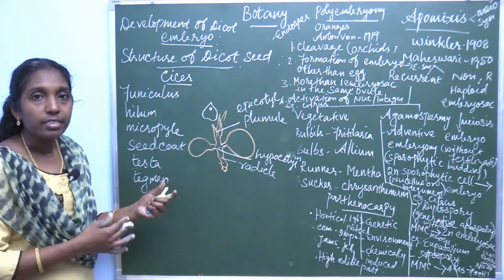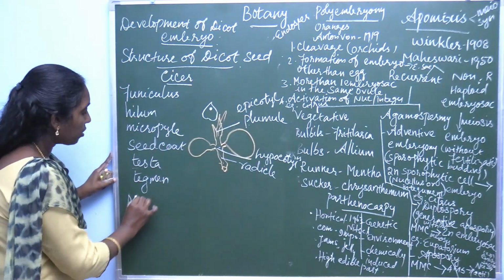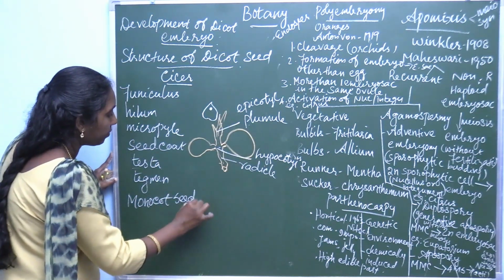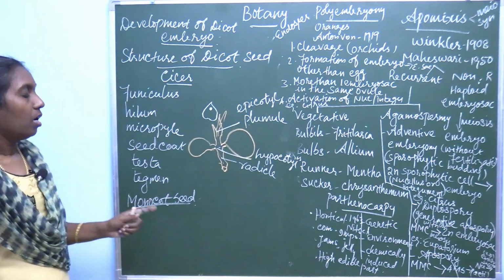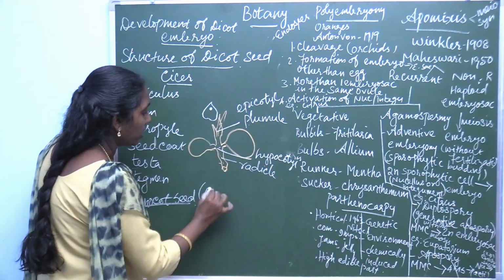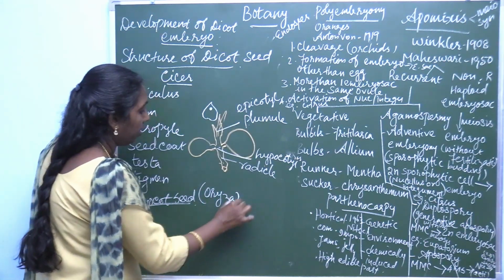Then the next question is the structure of monocot seed. In the monocot seed, the example is Oryza sativa, or paddy.